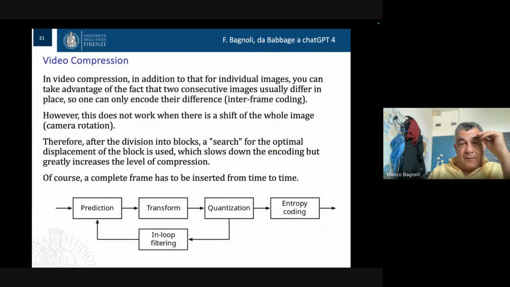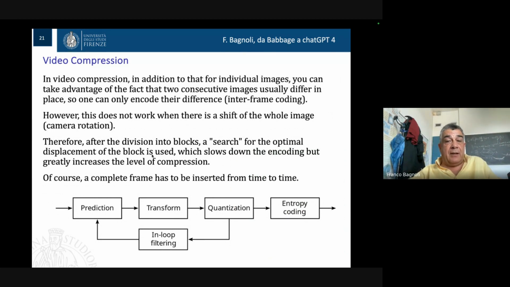And for video compression, you can still compress each image of your video, but this is essentially not saving enough. The first video standard that used this system was, I think, MPEG level 1, something like this.